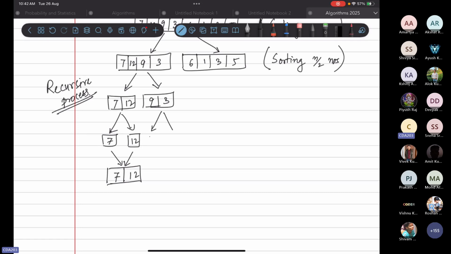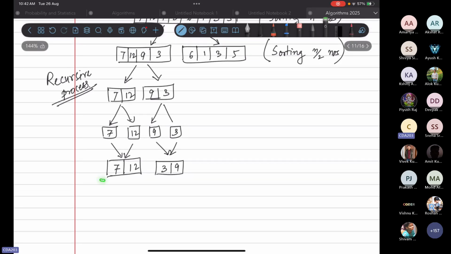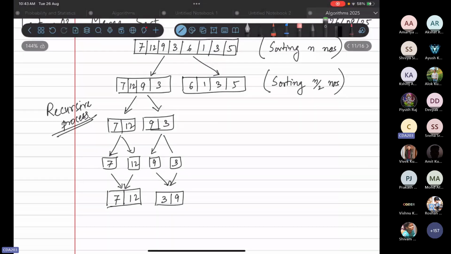But here, in this case, I'll have 3, and then 9 and 3. Now, how do I combine these two? These will be the opposite of this. So now this is the solution of sorting this set of numbers, and this is the solution of sorting this set of numbers. Now what is my next goal?